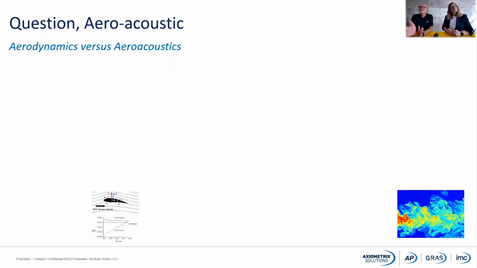When we are doing these measurements, there are two parameters we are in general talking about, and it's aerodynamics and aeroacoustics. Let's have a little look at the difference between aerodynamics and aeroacoustics.